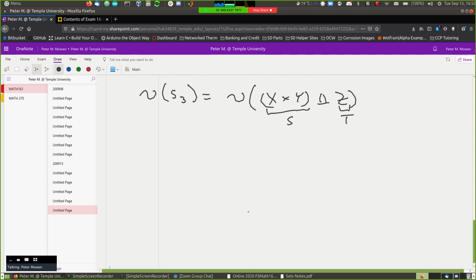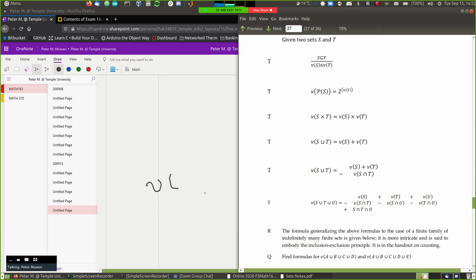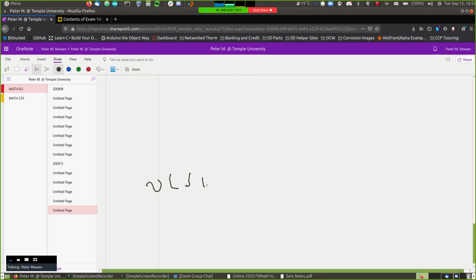The rule we're trying to use, and there's a couple ways to write it, this is my preferred way to write these kinds of things, is the cardinality of S coproduct T is equal to the cardinality of S plus the cardinality of T.